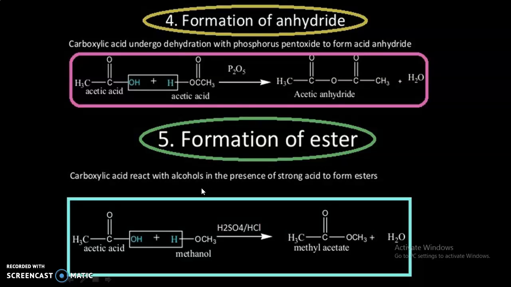The reaction is reversible and is called esterification reaction. Acetic acid, when treated with methanol in presence of H2SO4 or HCl, means acid and alcohol in presence of concentrated strong acid, forms the corresponding ester, methyl acetate. This H2O molecule is removed from this reaction.